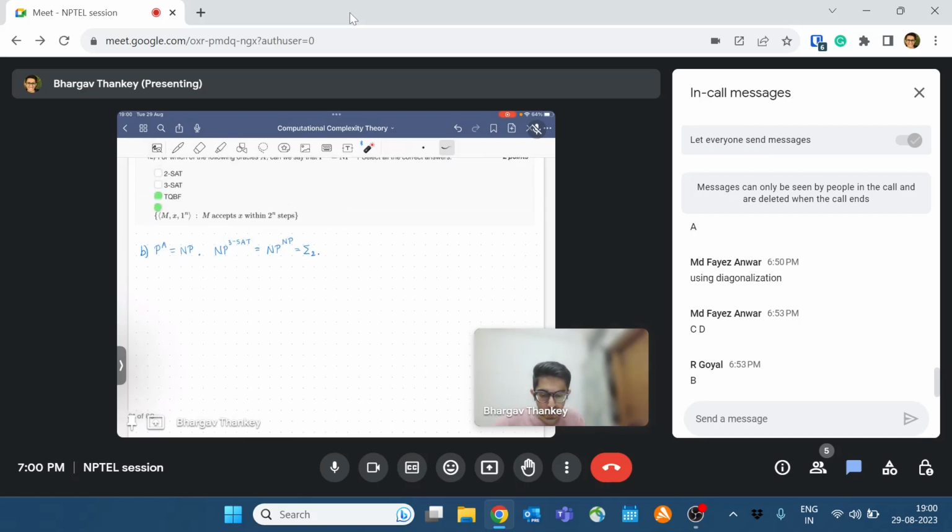Okay. And so now we need to prove that C and D work. What I'll do is I'll just show that C works. The proof for D is similar.